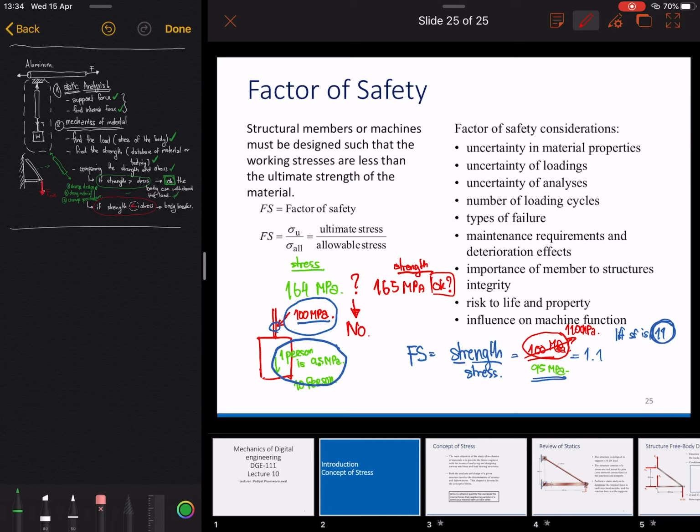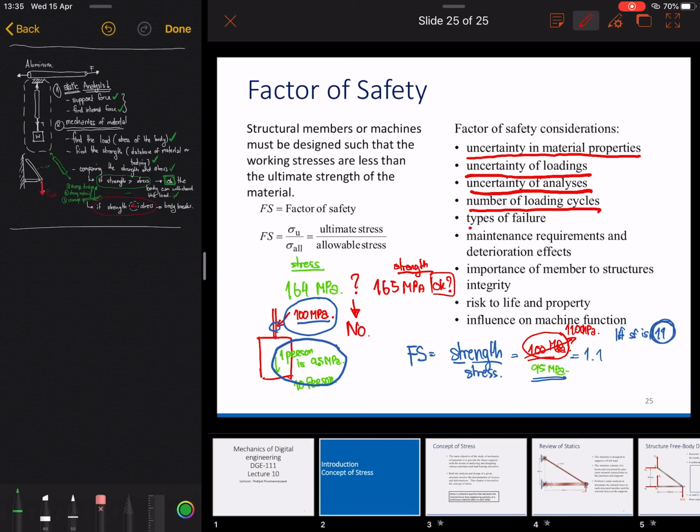So the safety factor considers the uncertainty of material properties, uncertainty of loading, uncertainty of analysis, maybe you analyzed it wrong, and the number of loading cycles, because maybe it is not breaking in one time, but over 10 years your lift is experiencing the load for 10,000 cycles, but maybe it breaks in 9,000 cycles, for example.